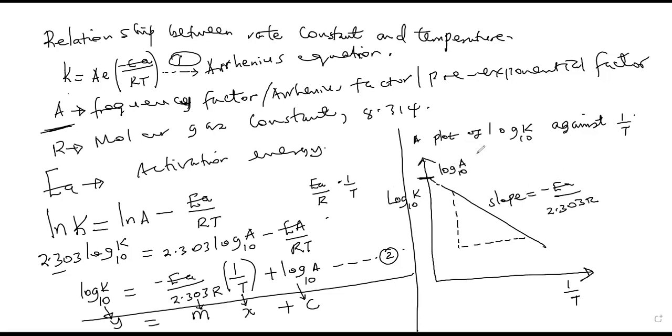So the slope can get you activation energy. The graph itself can give you the value of A, because R is a constant. By having the slope, if you are asked to get activation energy, you can easily substitute and you get it.